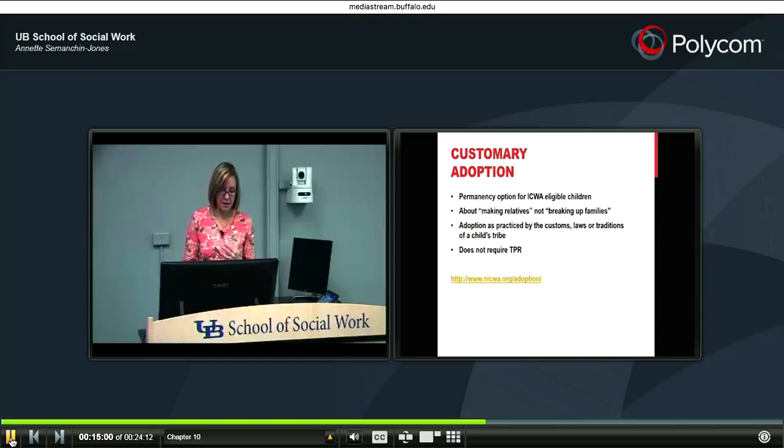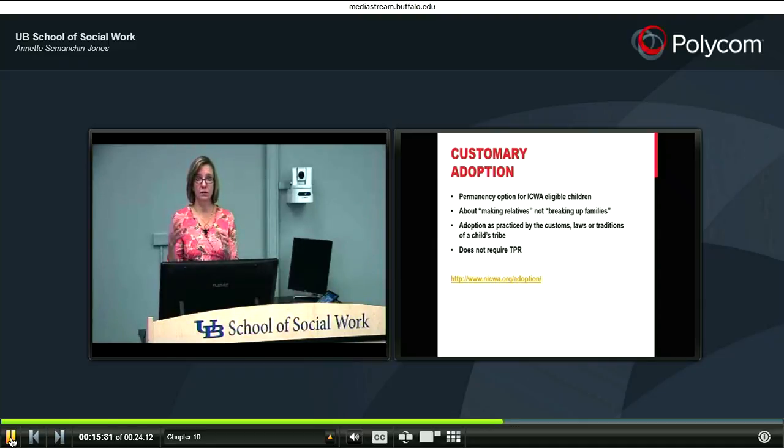Customary adoption is a permanency option for cases under ICWA, and this is, as the name suggests, an adoption as practiced by the customs, laws, or traditions of the child's tribe. In the quote here, it's about making relatives, not breaking up families. So it honors the traditions of the specific tribe, where you may not want to change family dynamics.